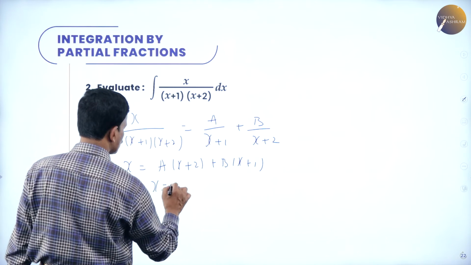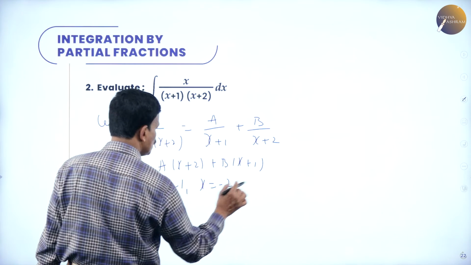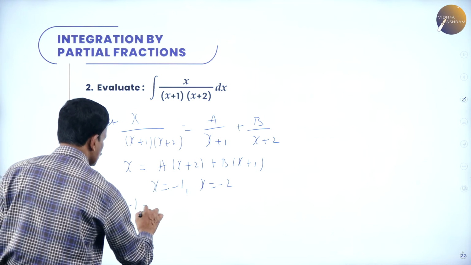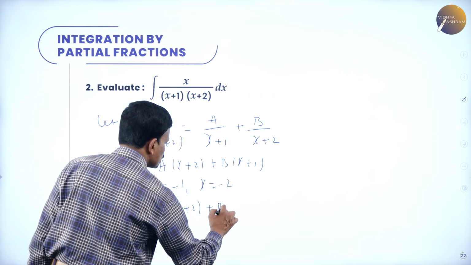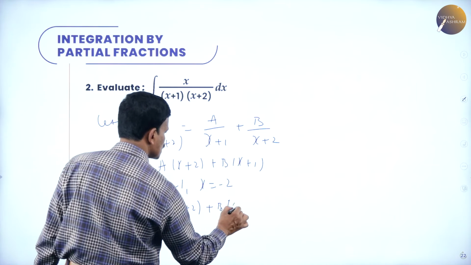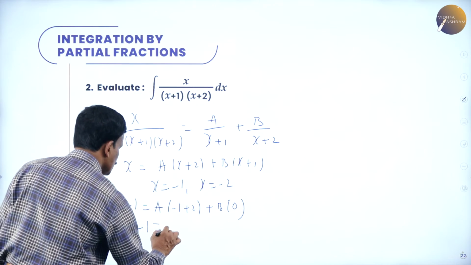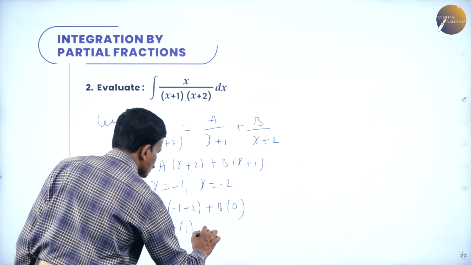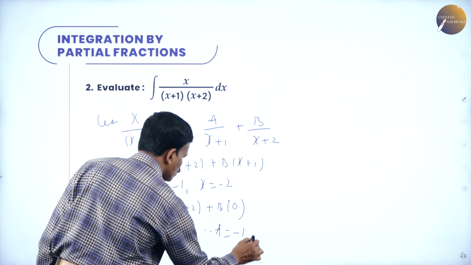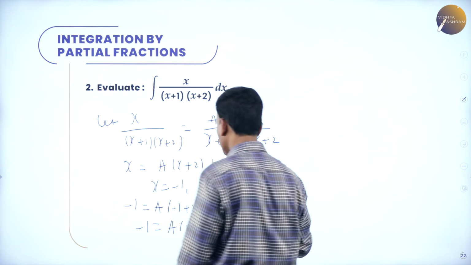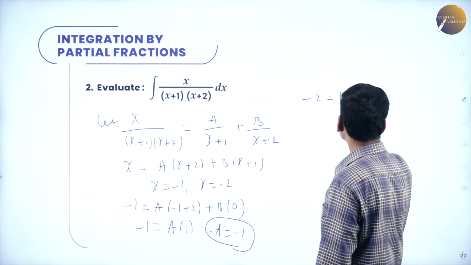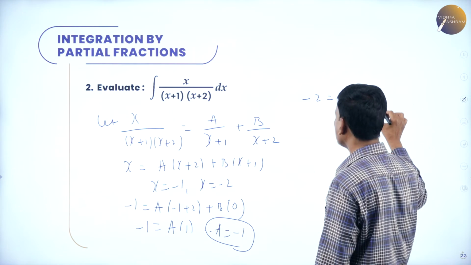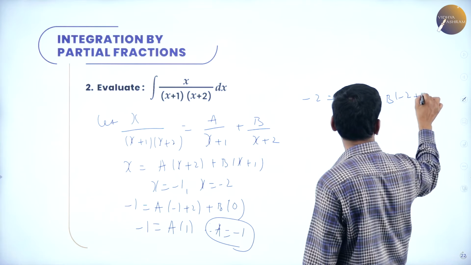Same as before, put x is equal to minus 1 and x is equal to minus 2. If you put x is equal to minus 1, a into minus 1 plus 2 plus b into 0, this gets cancelled. So, minus 1 is equal to a into 1. Therefore, a is equal to minus 1. Now, similarly, if you put x is equal to minus 2, a into minus 2 plus 2 gets cancelled, 0, plus b into minus 2 plus 1.